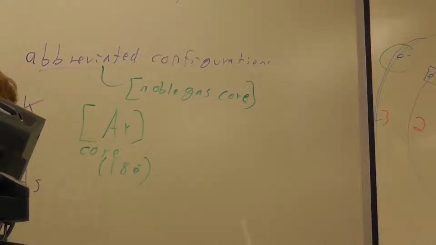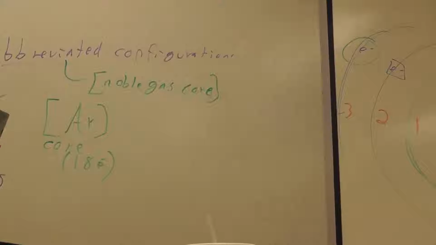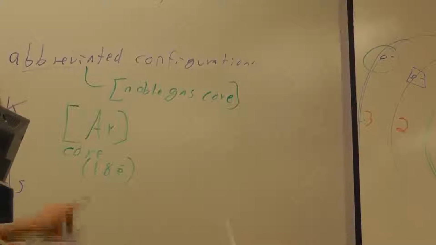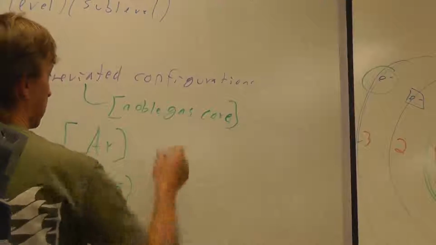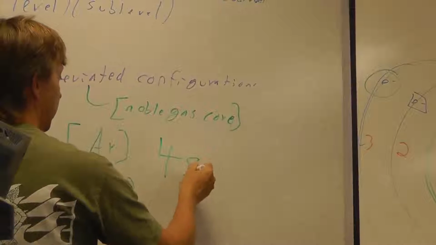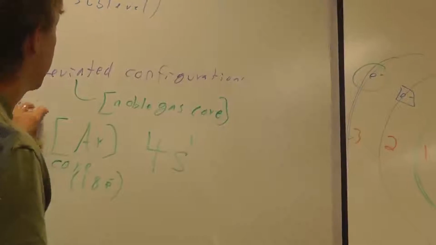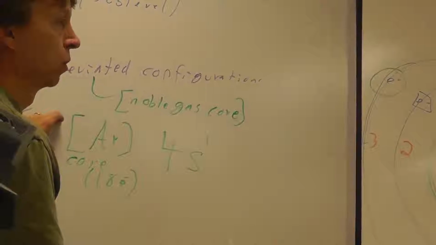We're abbreviating the interior, unreactive, practically irrelevant parts of it so we can focus on what's on the exterior. This abbreviates the first 18. Where is your 19th? Fourth row of the S block, first column. So this is the abbreviated configuration for potassium compared back to what we had before.